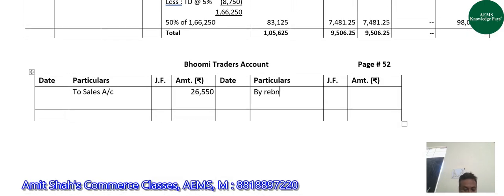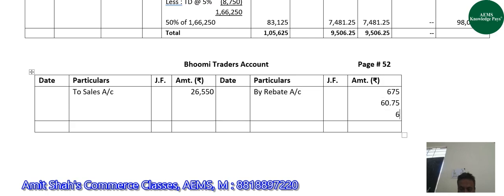So here we'll write by rebate account, by output SGST account and by output CGST account.